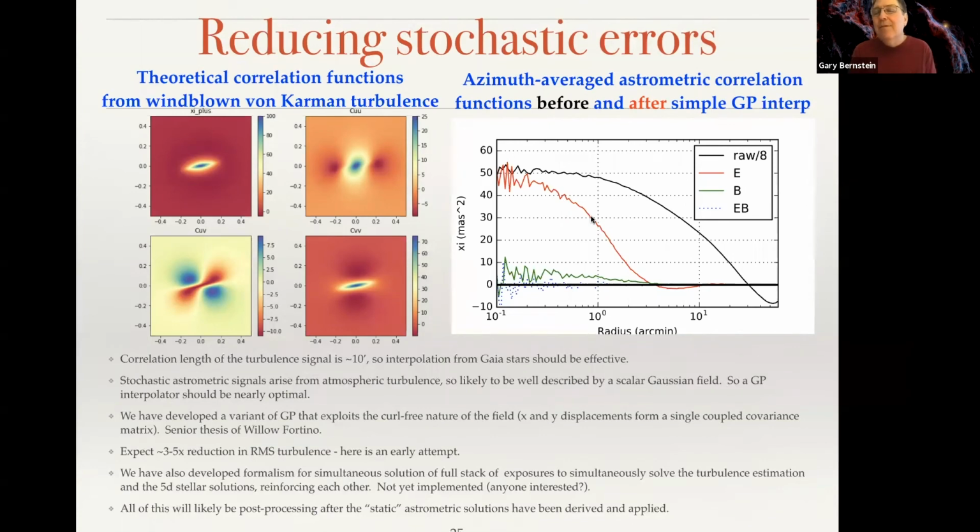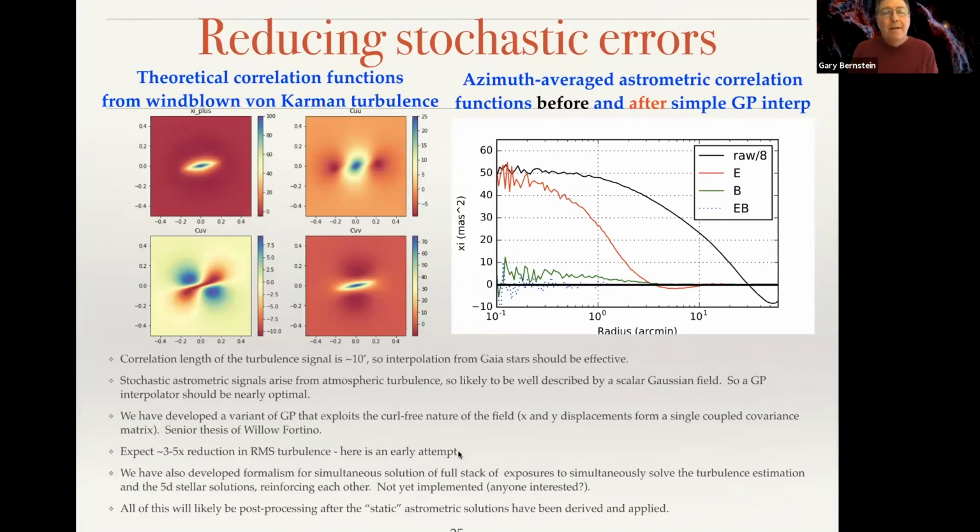So I think these 5 or 8 milli-arc second RMSs that we're seeing, with a GP interpolation exposure by exposure, we can reduce the atmospheric signal down to maybe a couple of milli-arc seconds per exposure, which is comparable now to the level at which we've solved all the fixed maps.